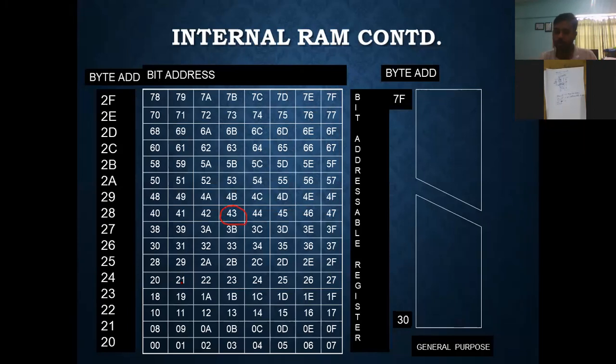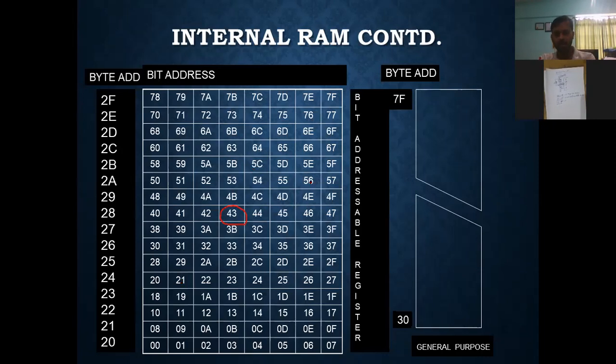It is difficult to remember and recall them. So there are some easy ways to find the byte address and the bit position.